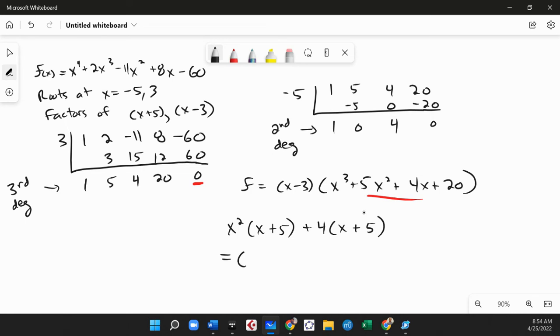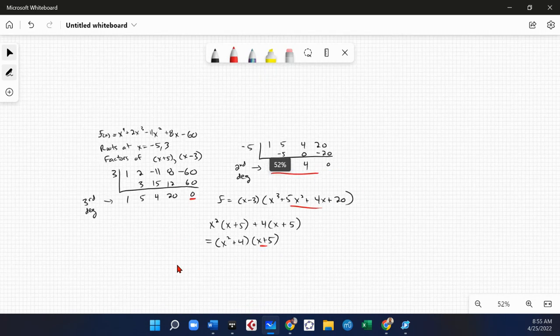And that corresponds with, okay, that means we factored it into x squared plus 4 times x plus 5. So this x plus 5 we already kind of knew about because we knew we had a factor of x plus 5 from the graph. This x squared plus 4 corresponds with these coefficients. That's the x squared term, the 0x term, 4. So whichever way you're more comfortable with doing, obviously, is totally fine.